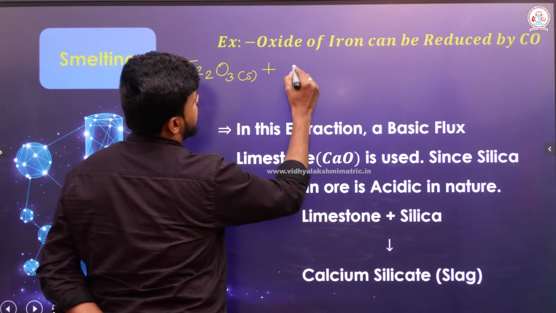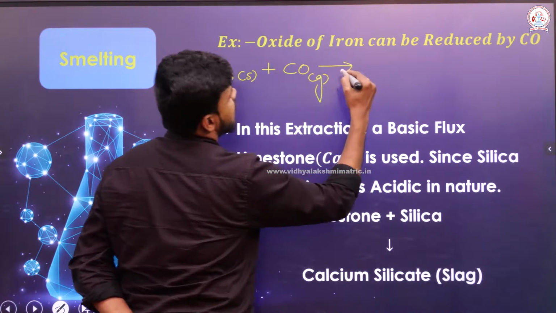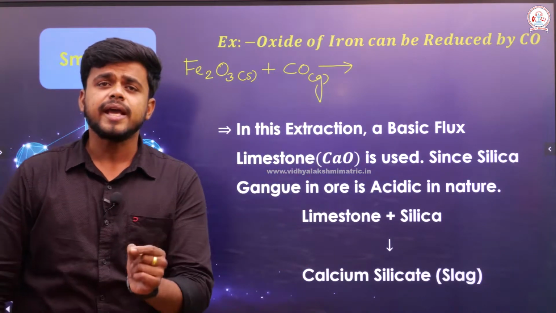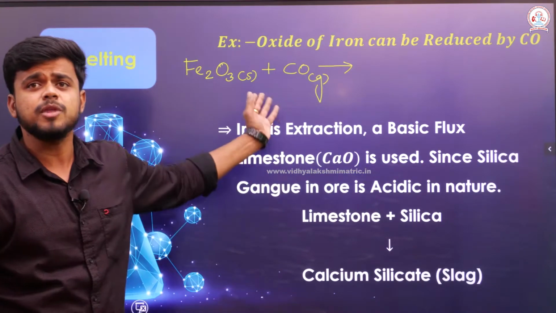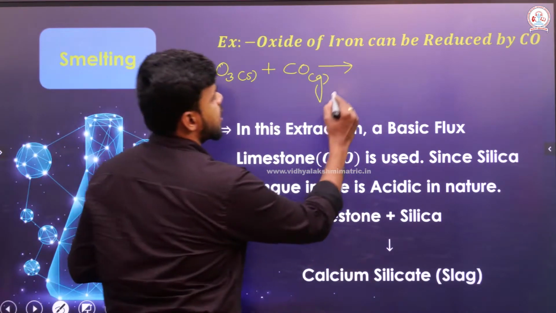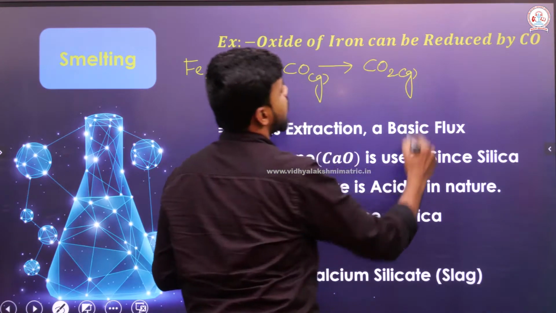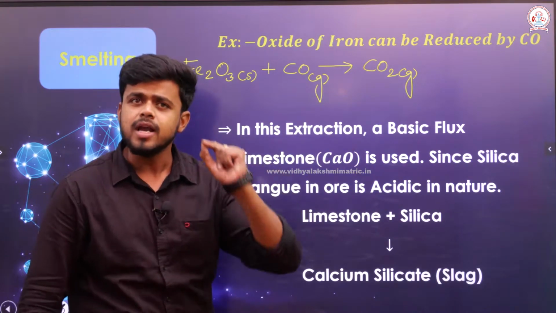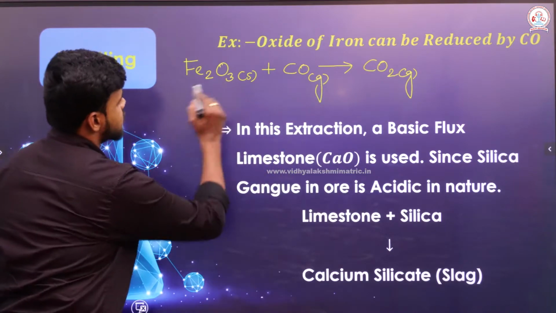This will be reduced by carbon monoxide, which exists as a gas. The carbon monoxide will take up oxygen completely from the oxide, which results in the formation of carbon dioxide. One mole of carbon monoxide will take one oxygen and go as carbon dioxide. So there are 3 oxygens over here.